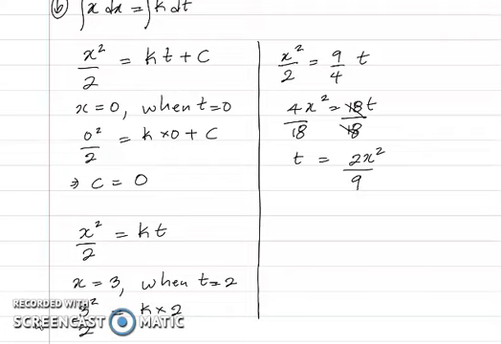Now, the last thing we're asked to do in B is to determine the value of t when x is equal to 5. So t is equal to 2 times 5 squared over 9, which is equal to 50 over 9 hours. So the value of t when the thickness of ice is 5 millimeters is 50 over 9 hours.